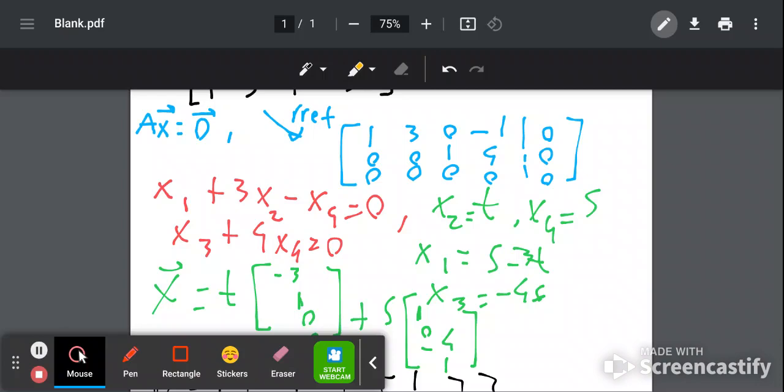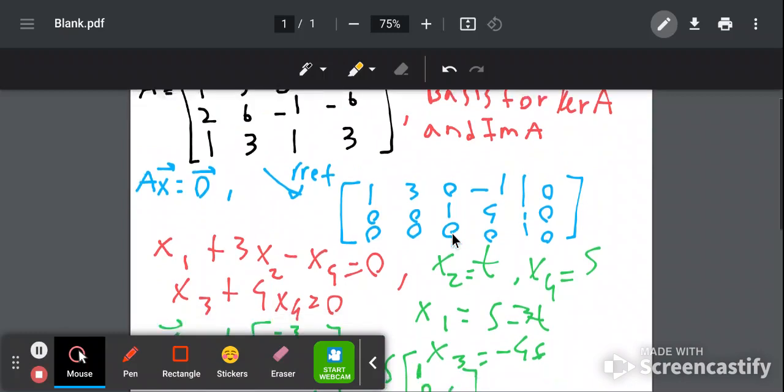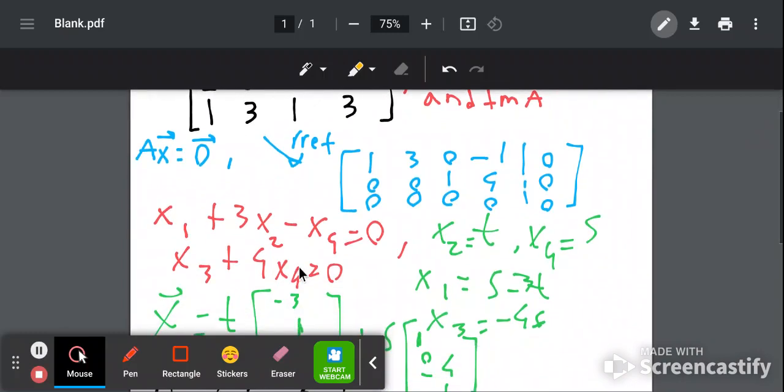For example, here we see that after doing the RREF, the only 2 columns that have a leading 1 are column 1, which is (1, 0, 0), and column 3, I'm sorry, column 2 is (0, 1, 0). And in fact, we only really need column 1 and column 3 to solve the rest, because if you have column 1 and column 3, we can solve for column 4 and we can solve for column 2.